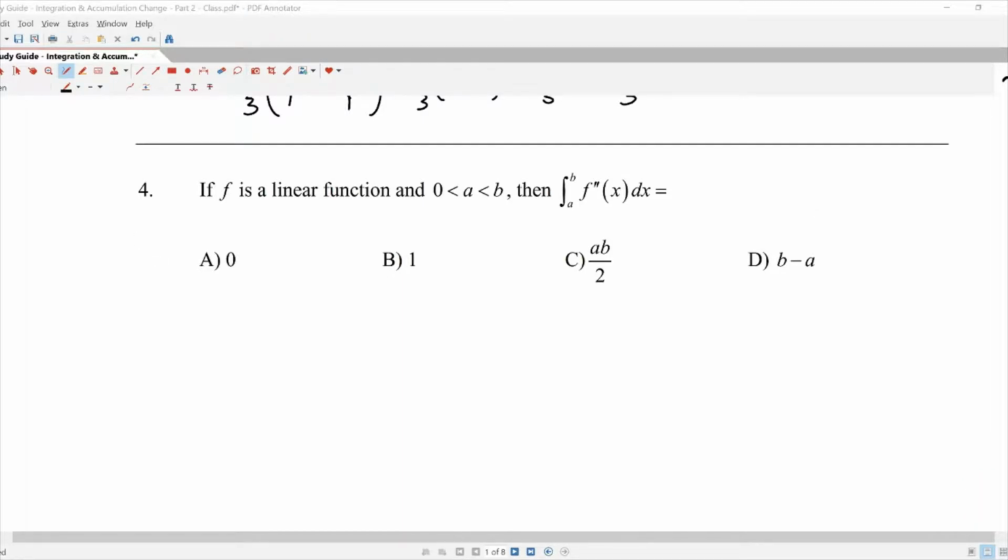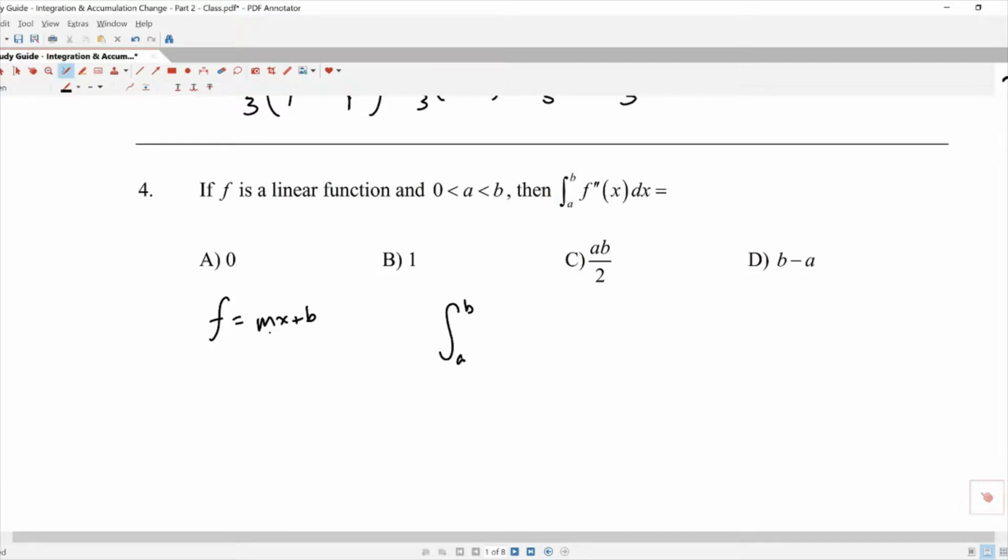Okay, number 4. If f is a linear function and 0 is less than a is less than b, then the integral from a to b of f double prime of x dx equals what? So again, if f is a linear function, then f is of the form mx plus b. 0 less than a less than b means that these bounds are in order, so we're not flipping them and negating anything. So we're trying to find the integral from a to b of f double prime.